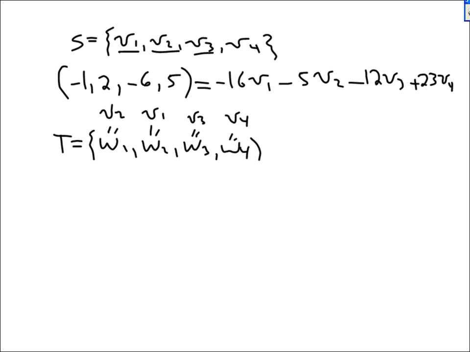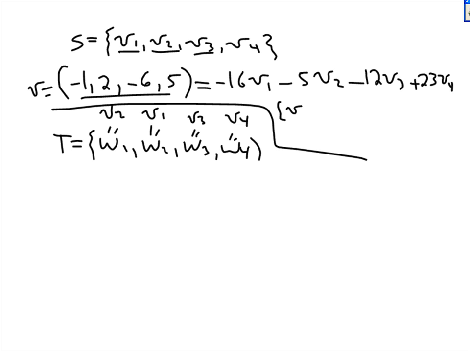Okay? So, before I wrote that, I can say that vector V, the coordinates of vector V with respect to basis S is negative 16, negative 5, negative 12, and 23. Now notice that basis T is just the reordering of basis S. As bases, they're equal.